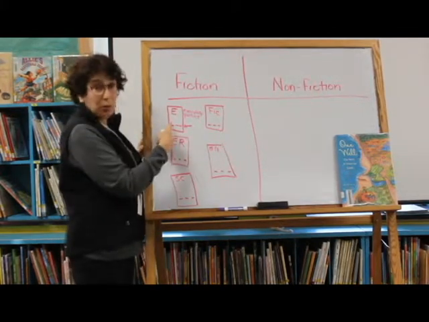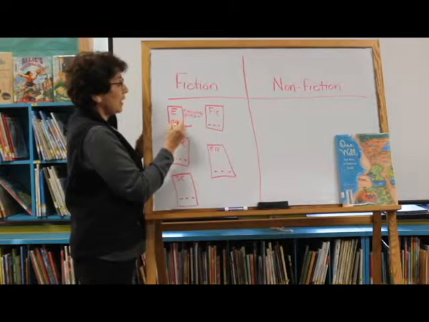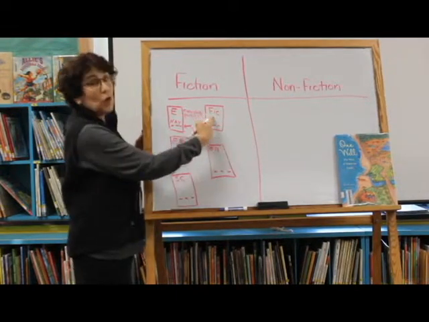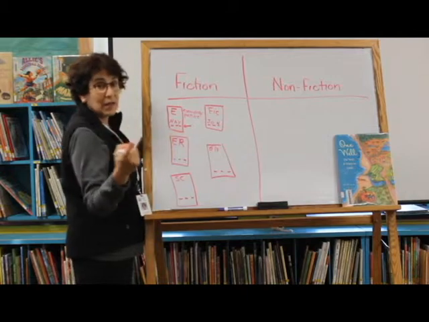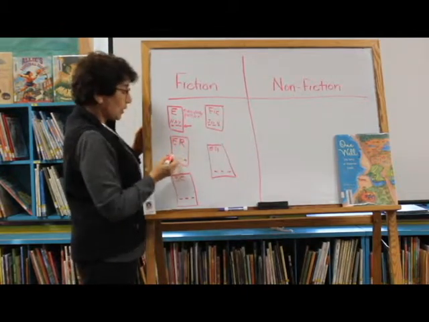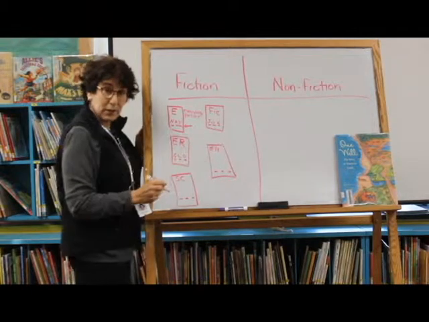So if I wrote a picture book, this would say M-A-Y. If Miss Johal wrote a book, it would say J-O-H, and on and on. If Mr. Glode wrote a book, it would be G-L-O, first three letters.